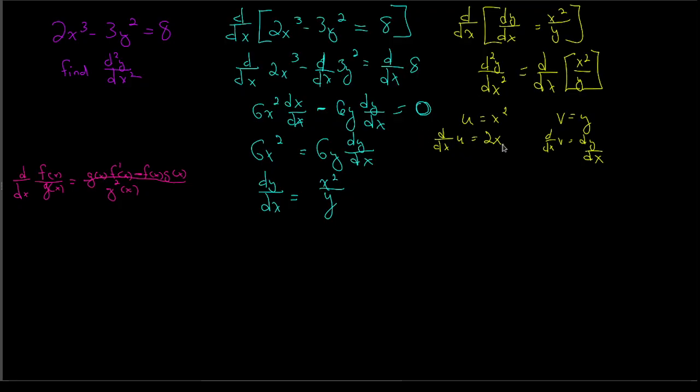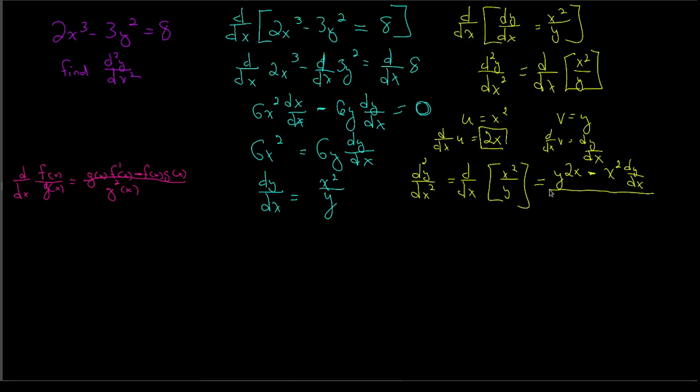And so the second derivative with respect to x of this is equal to the downstairs, which was y, times the derivative of the upstairs, 2x, minus the upstairs, x squared, times the derivative of the downstairs, which is dy/dx, all over the downstairs squared.